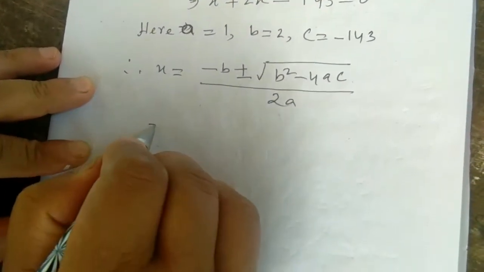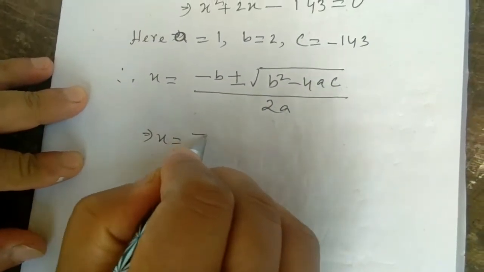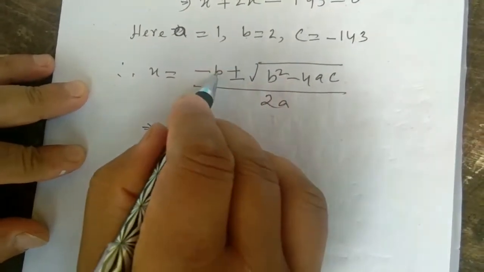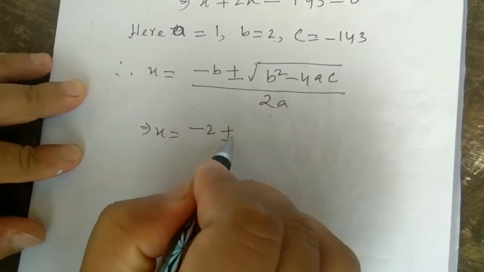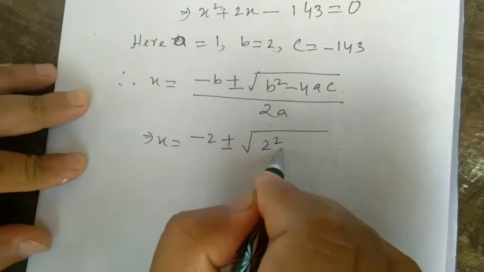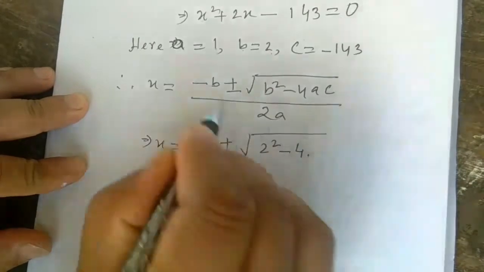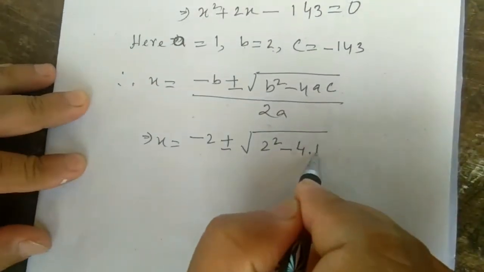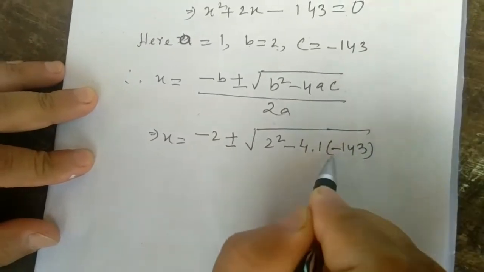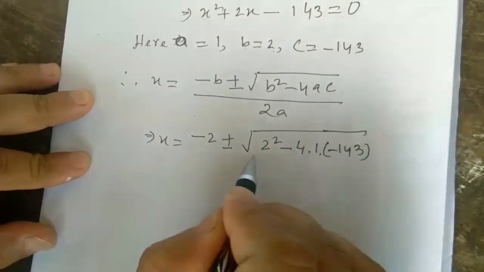So x equals minus b, where b is 2, plus or minus root over b square, 2 square, minus 4 times a, where a is 1, times c, which is minus 143. If it is negative, you must give brackets.